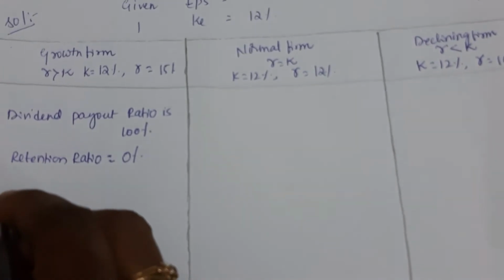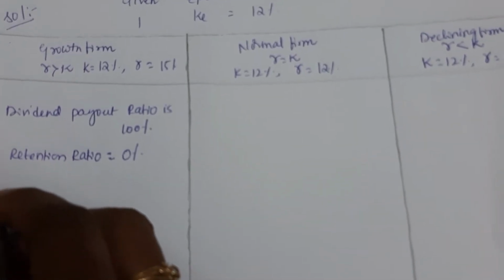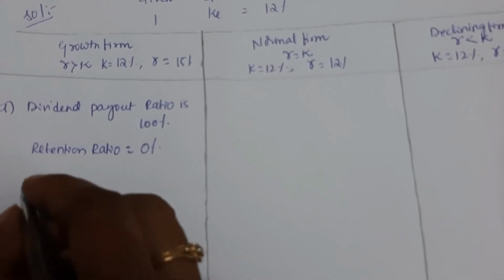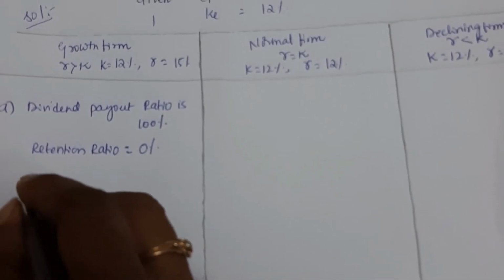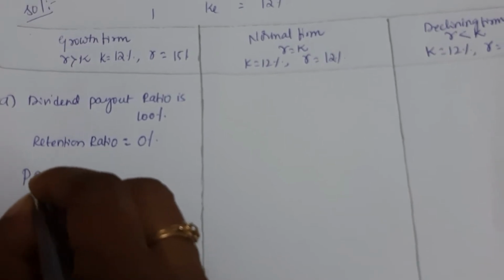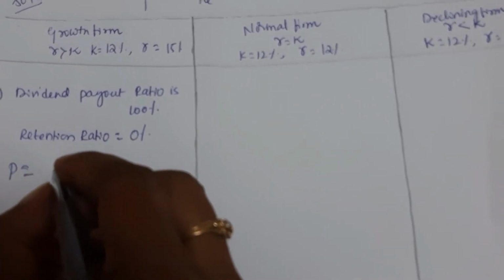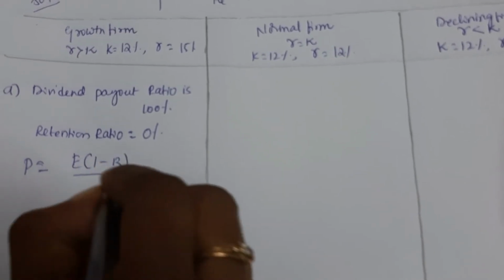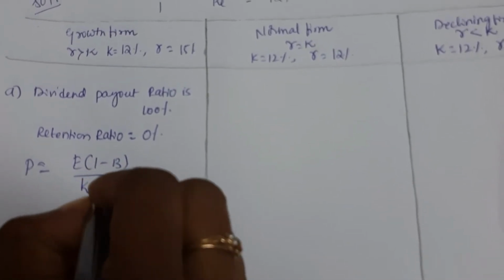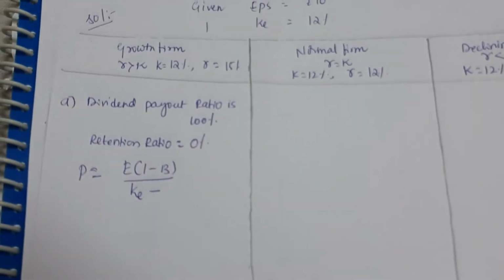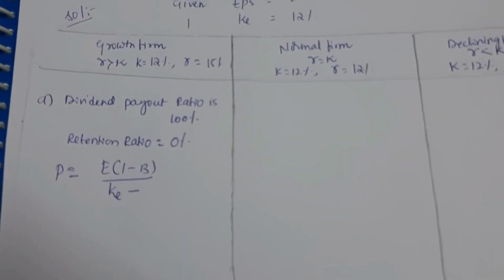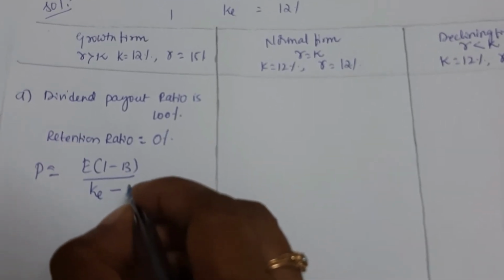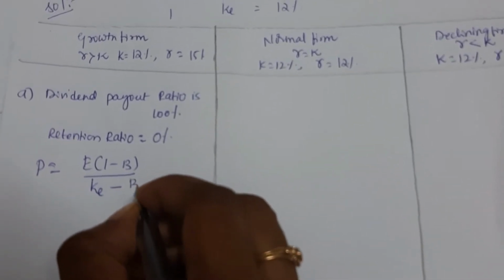Now apply Gordon's model in this situation. The formula for the calculation of market price under Gordon's model is P is equal to E into 1 minus B divided by KE minus BR.